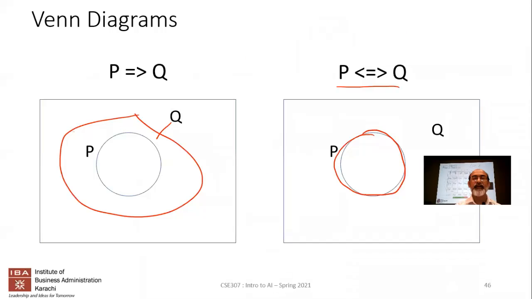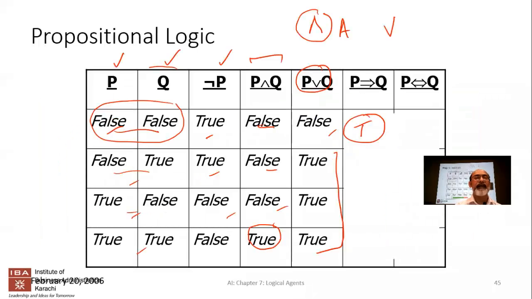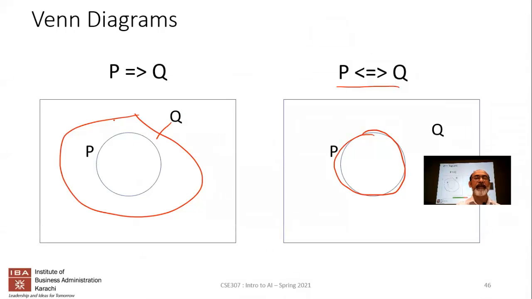So what we're saying over here is that if P is false, then Q is also false. If P is false, there are some solutions over here where Q is also false. Not all of them, but for example, over here, this is a possible solution.